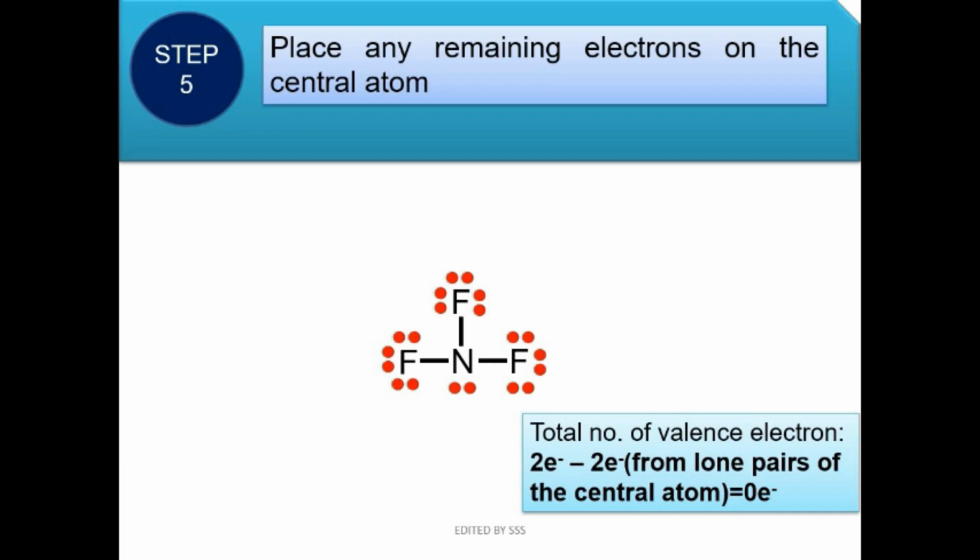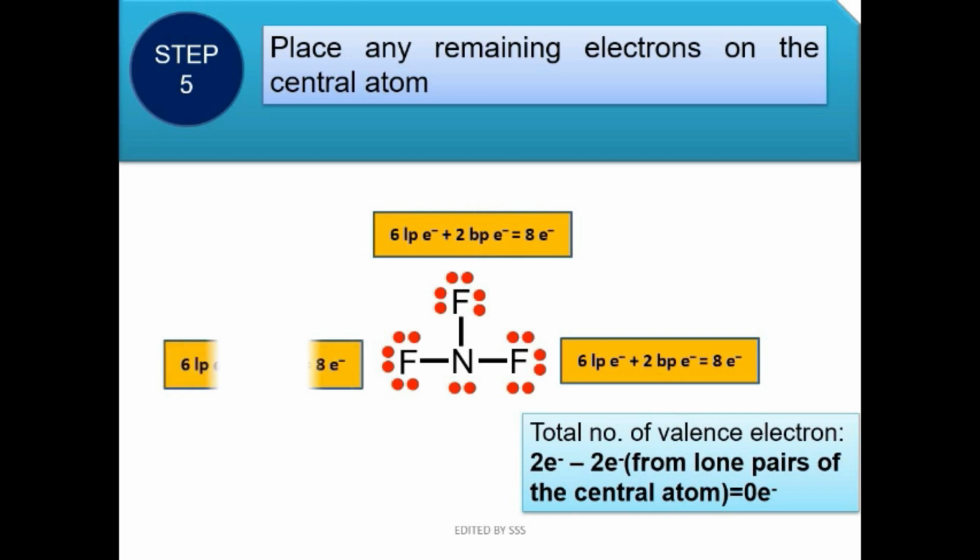Let's check the structure again. All fluorine atoms are surrounded by 6 non-bonding electrons and 2 bonding electrons. Thus, they are octet.